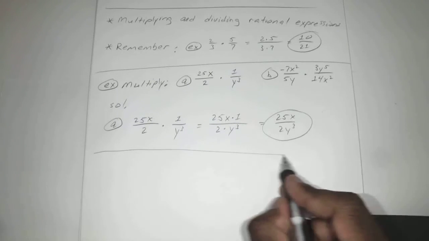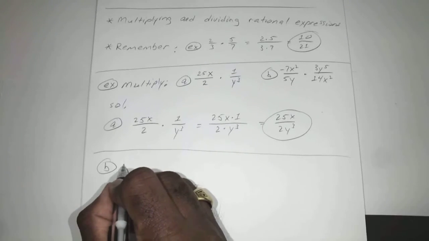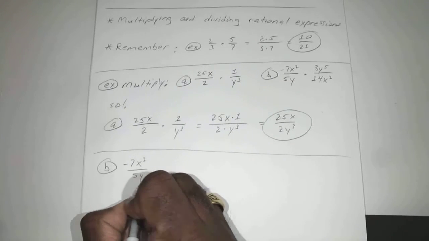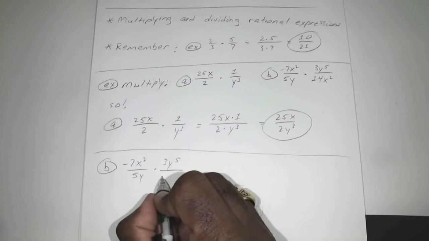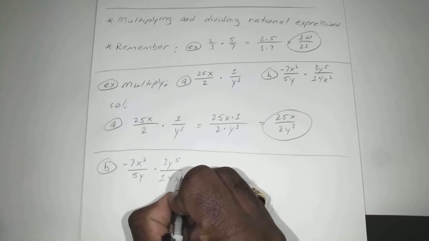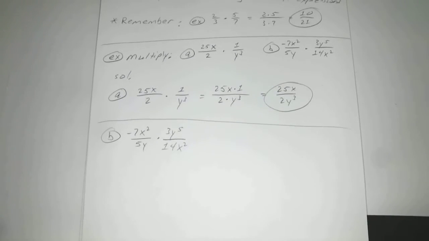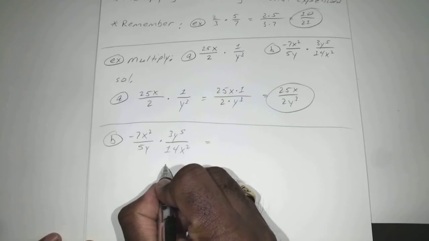But for B, go ahead and separate those two. We have negative 7x squared over 5y times 3y to the fifth power over 14x squared. Now for this one, if you wanted to, you could just multiply it straight across and put it all over one nice little fraction.